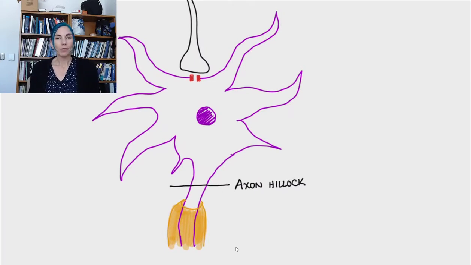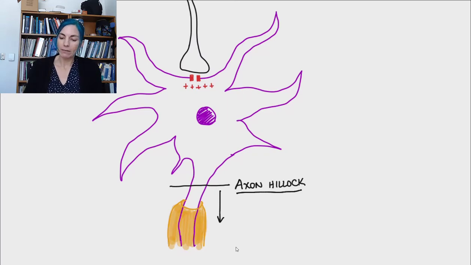In order to understand the importance of these graded potentials, we have to remember that action potentials will start at the axon hillock and then move their way down if a membrane potential of minus 55 millivolts is reached. That's the threshold. So let's consider for a moment that we allow positive charge in right here.